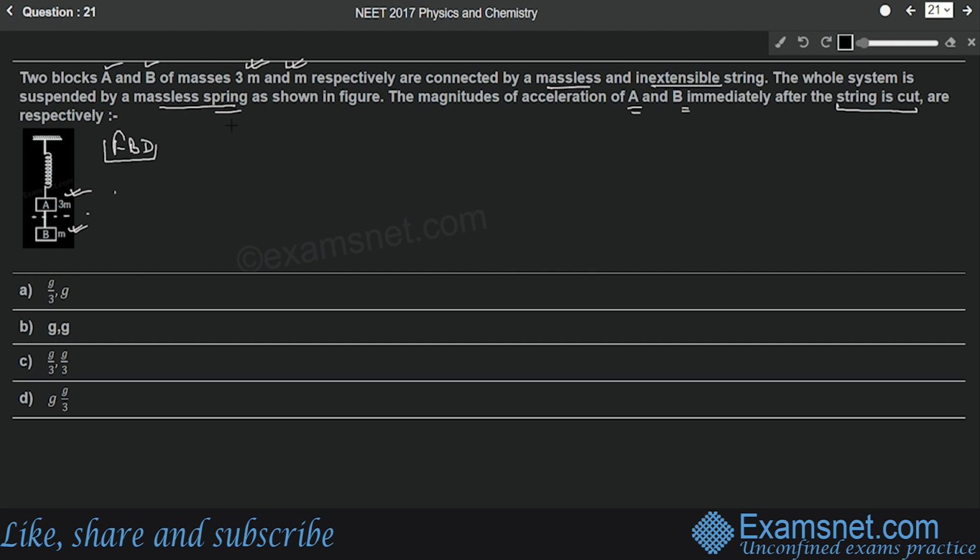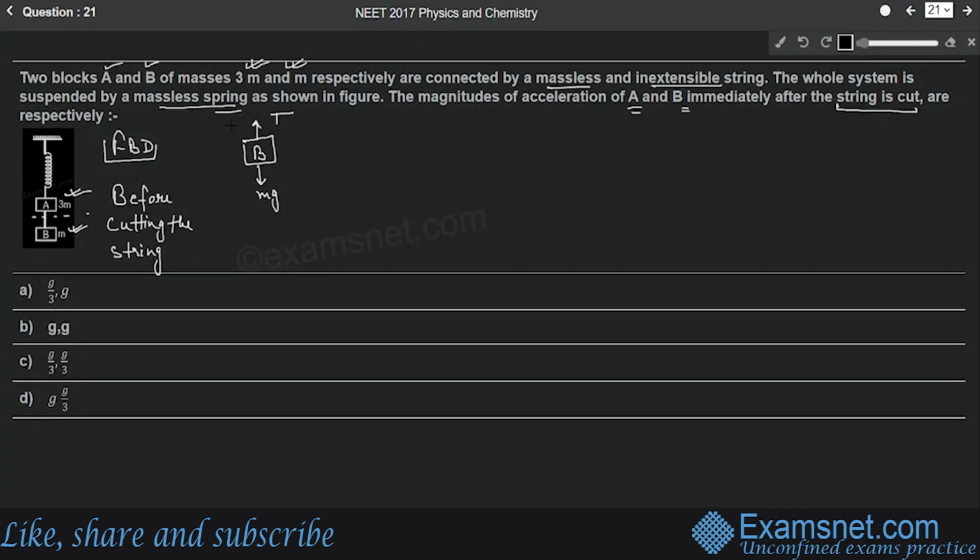So free body diagram, first we'll see what happens before cutting the string. So before the string is cut, let's say this is the lower block, that is block B. So what are the forces acting here? The downward force is the weight of this block, that is mg. And the upward force will be the tension in the string.